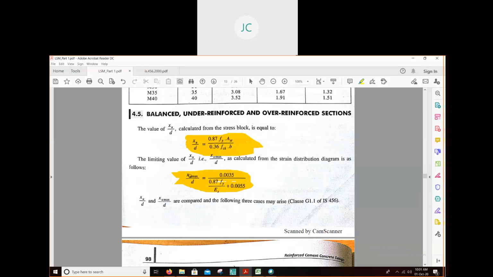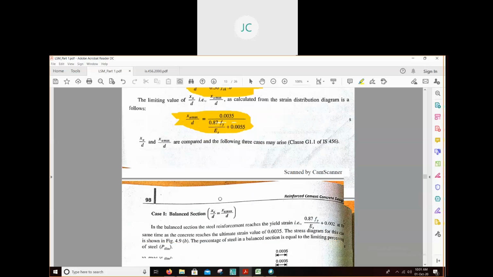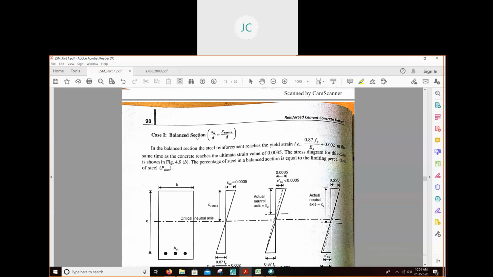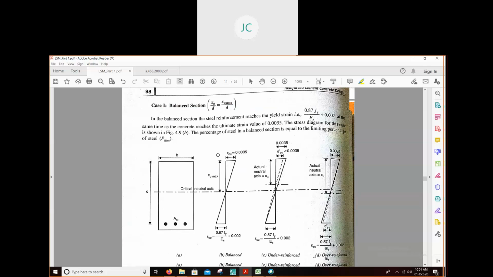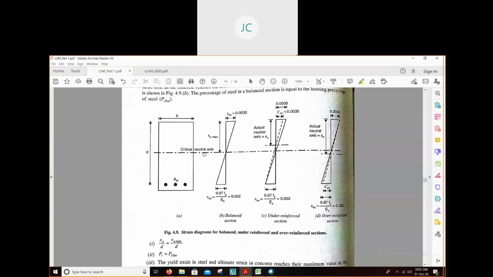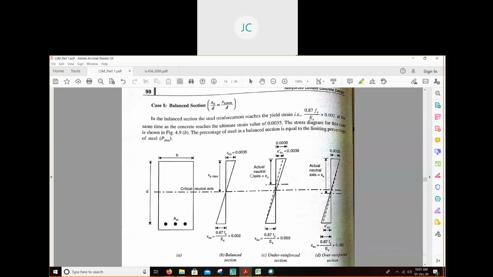So from these two formulas, you have to find out first XU, that means depth of neutral axis, and XU max, that means limiting value of neutral axis. Then after getting these two values, we have to compare. If these two values are equal, then it will be your balance section.